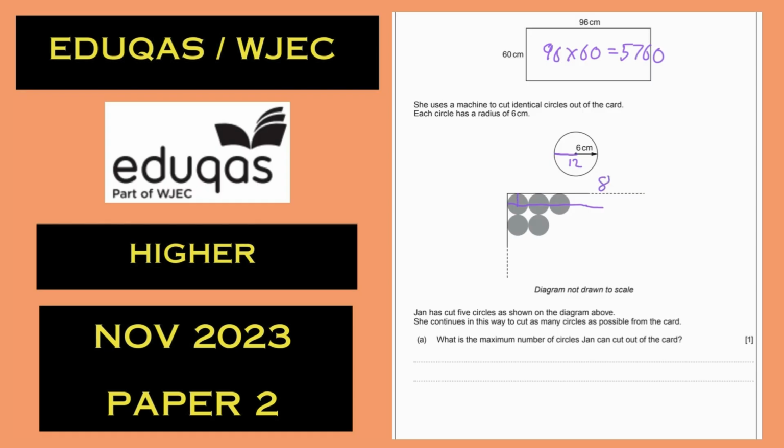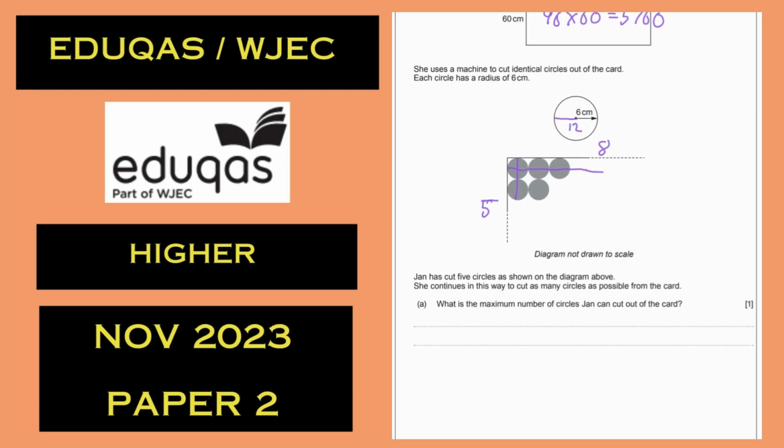And the diameter is the same, obviously, vertically. So also 12's into 60, 5 times. So she could have 8 rows of 5 or 5 columns of 8, however you want to refer to rows and columns. Who cares? The fact is, she can cut out 8 times 5, 40 circles.